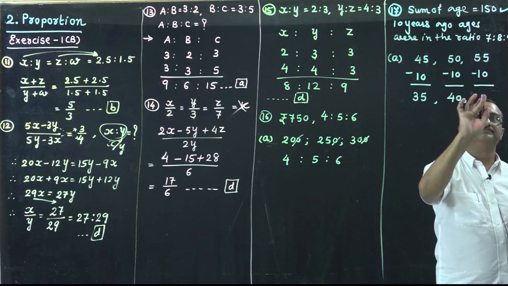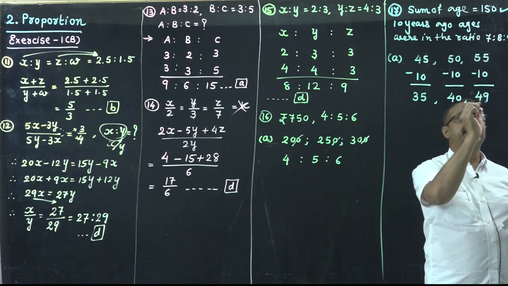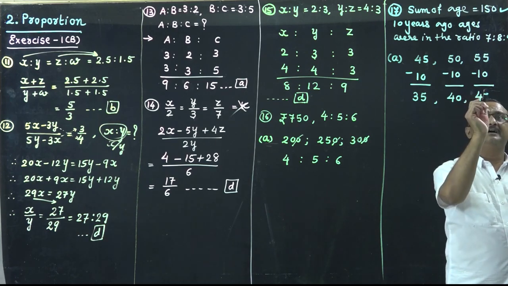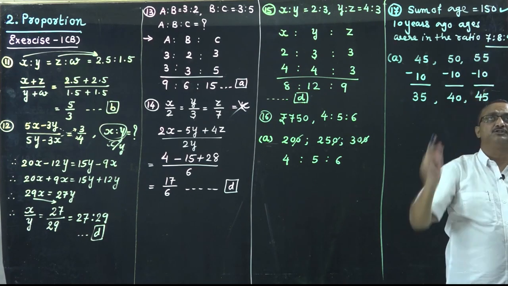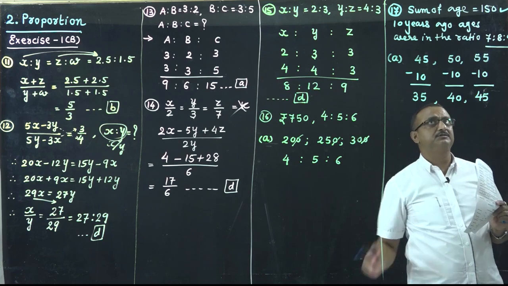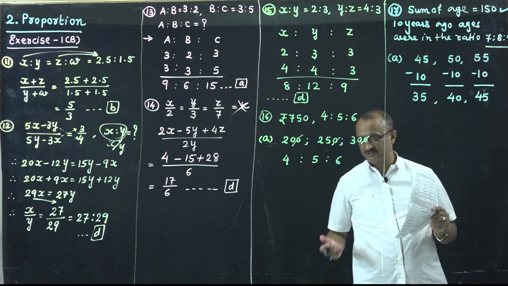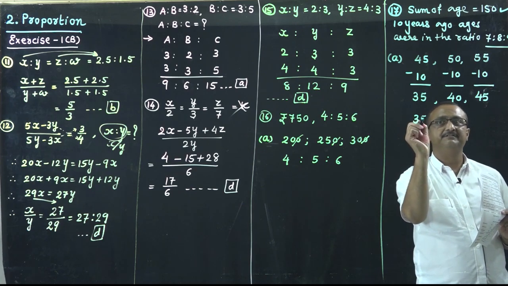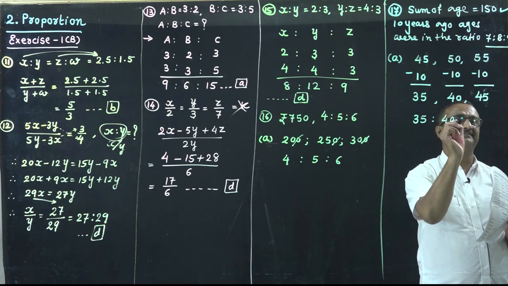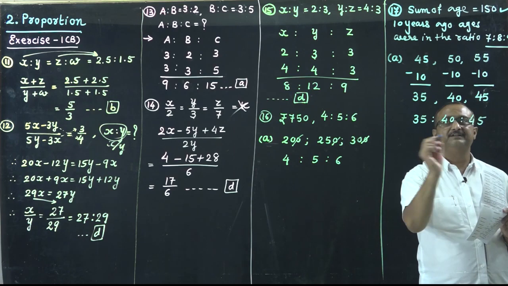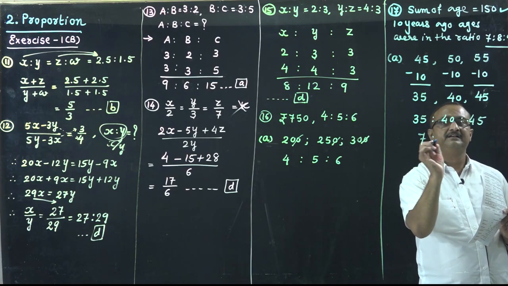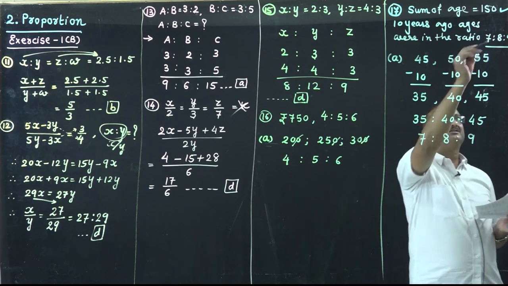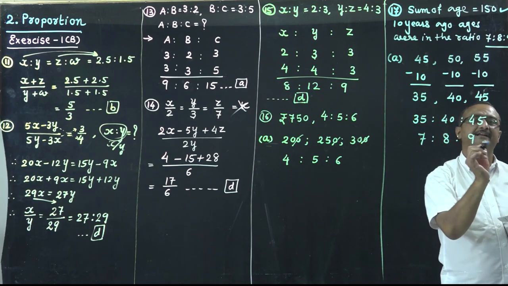Sorry, 45. 10 years ago their ages are in the ratio 7:8:9. તો 10 વર્ષ પહેલાં તેની ઉંમરનો રેશિયો 7:8:9 હતો. અગેન ચેક આઉટ ધીસ. 35:40:45. ચાલો બધાને 5થી કટ કરો તો 5 7s are 35, 5 8s are 40 and 5 9s are 45. So our answer is option A.